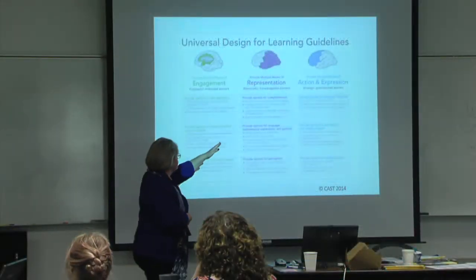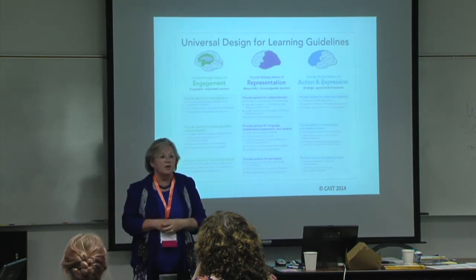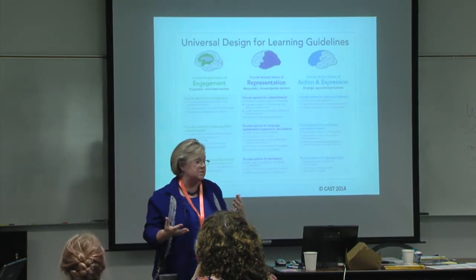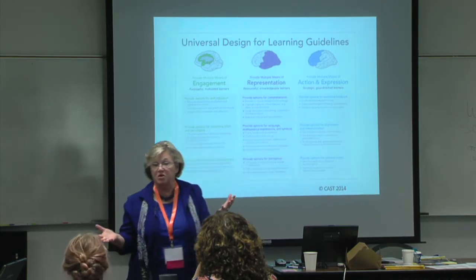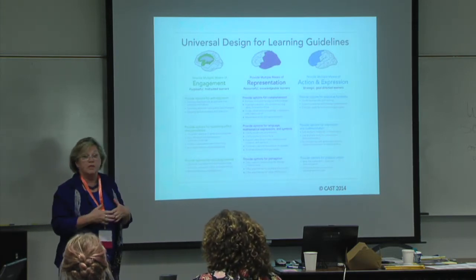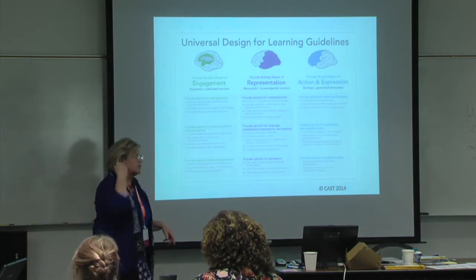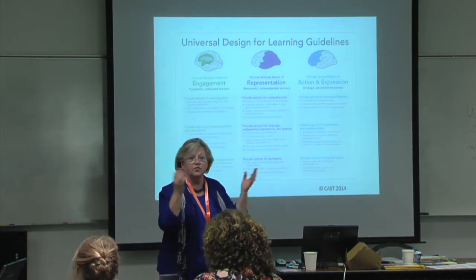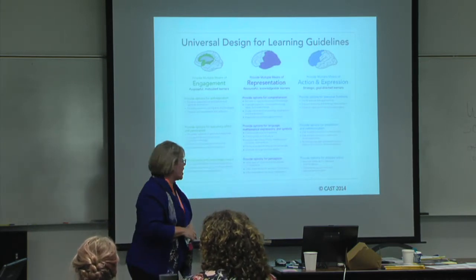The second principle, in the second column, is providing multiple means of representation. Most of us as educators are pretty familiar with that. We've long been told that we need to provide visual, auditory, and tactile kinesthetic options, because our learners learn different ways. There's lots of learner variability in the groups that we have.